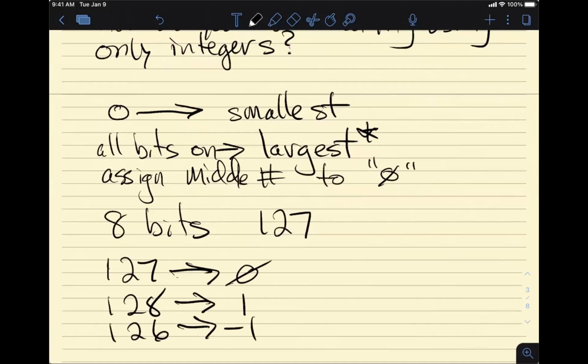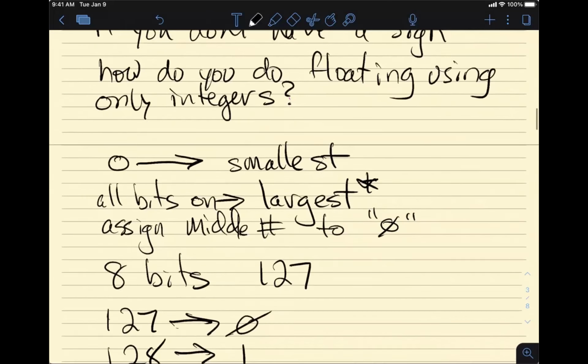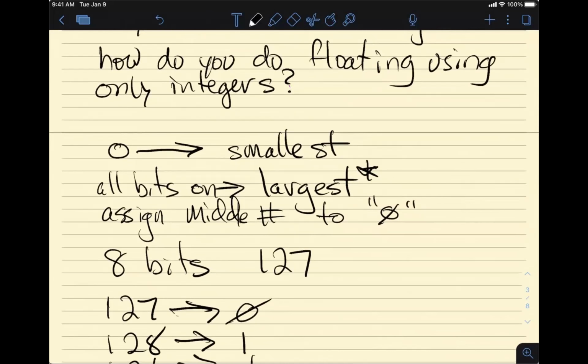Okay, so going back to, well, let me just say very quickly, how do you do floating point without floating point numbers? And that would be to do fixed point math. And the idea is very similar, where you can assign some bits of your integer for what will internally be considered to be the fractional part.